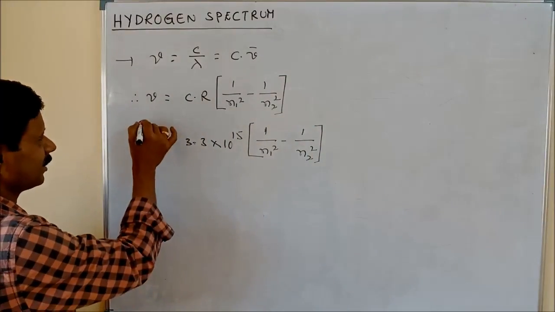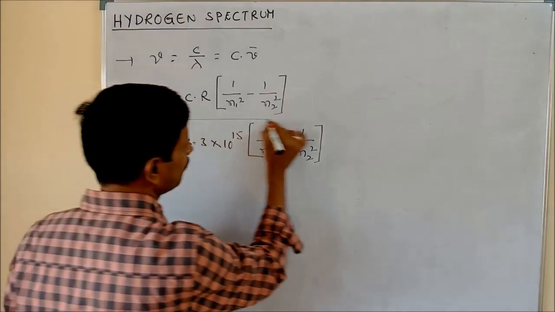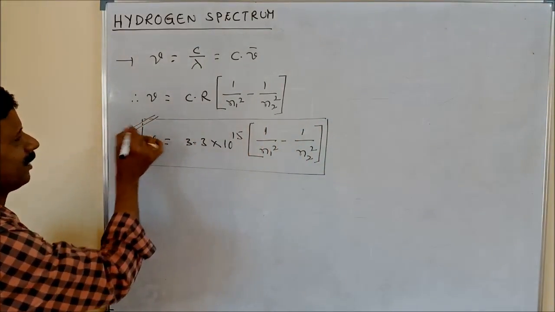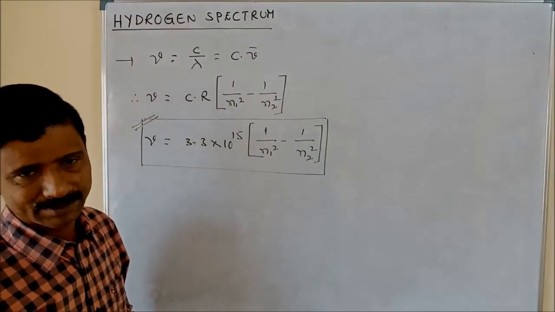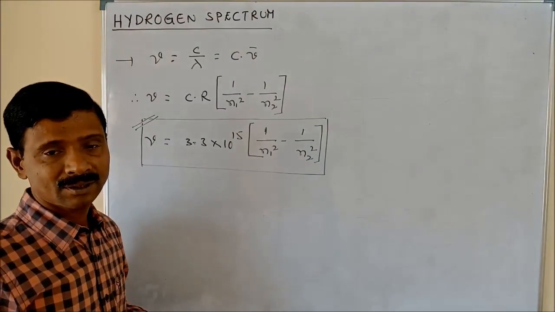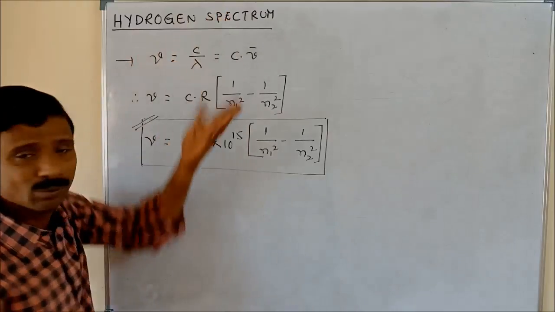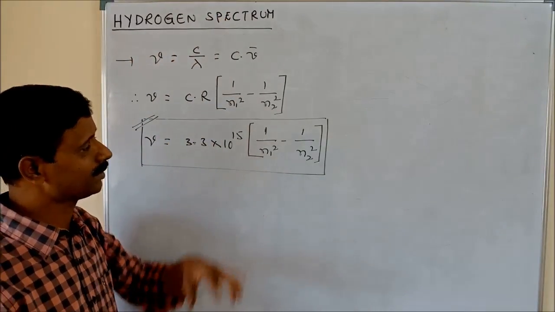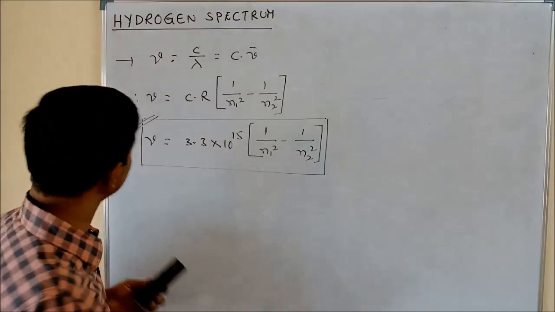But here there is no need for Z. So this is the formula to remember for the calculation of the frequency of emitted light. It is a direct formula, so no need to go for nu bar or wavelength first. Directly in this expression, just substitute n1 and n2 values.